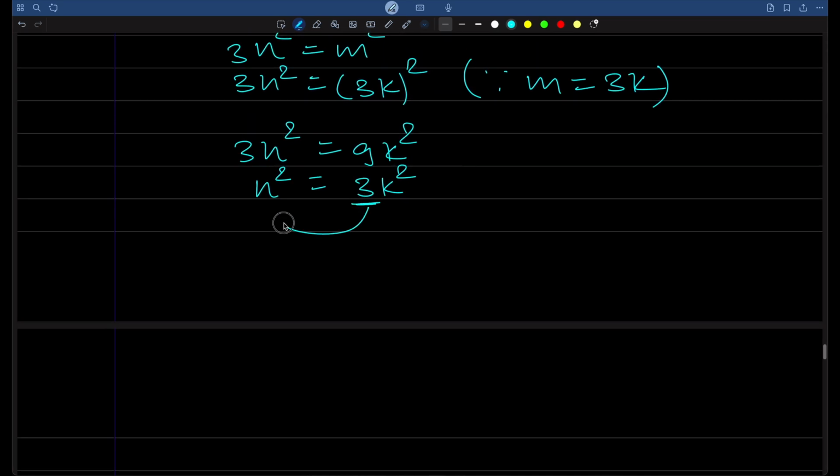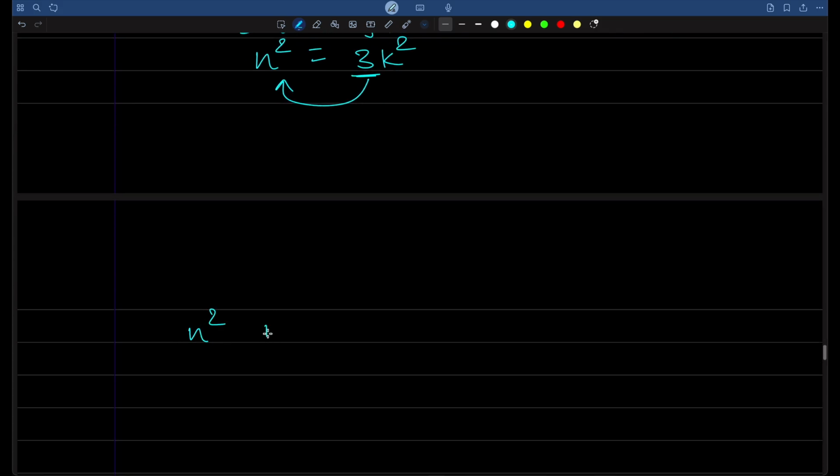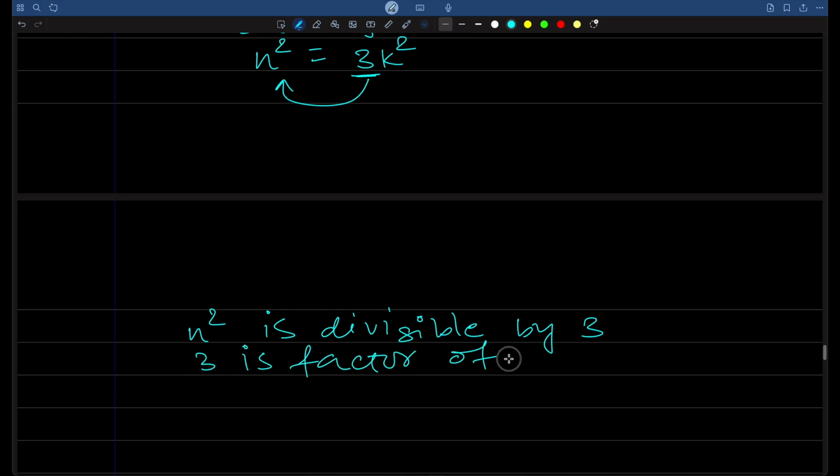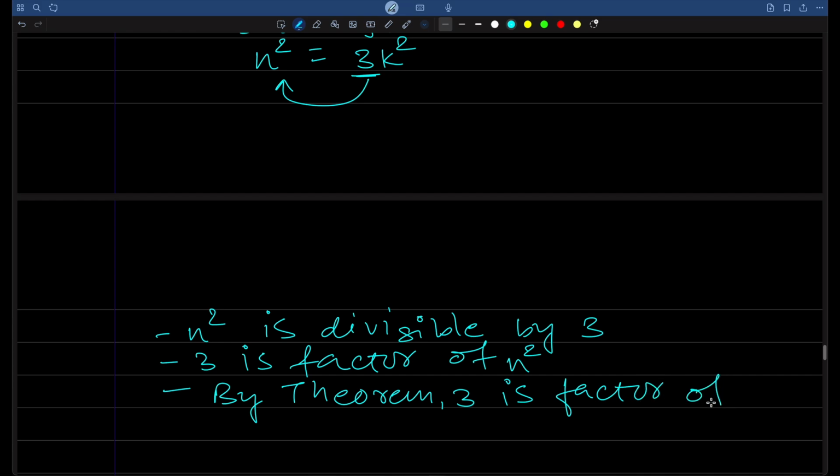Now n square is divisible by 3. So 3 is a factor of n square, and by theorem, 3 is a factor of n.